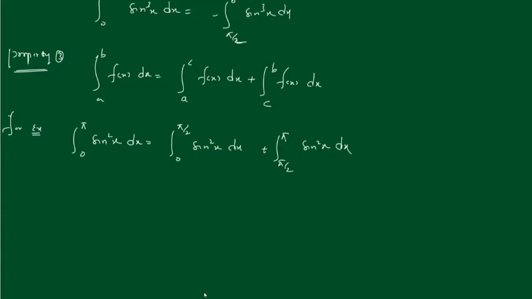So next property, that is property 4. The fourth property: integration a to b f of x dx is equal to integration a to b f of a plus b minus x dx.